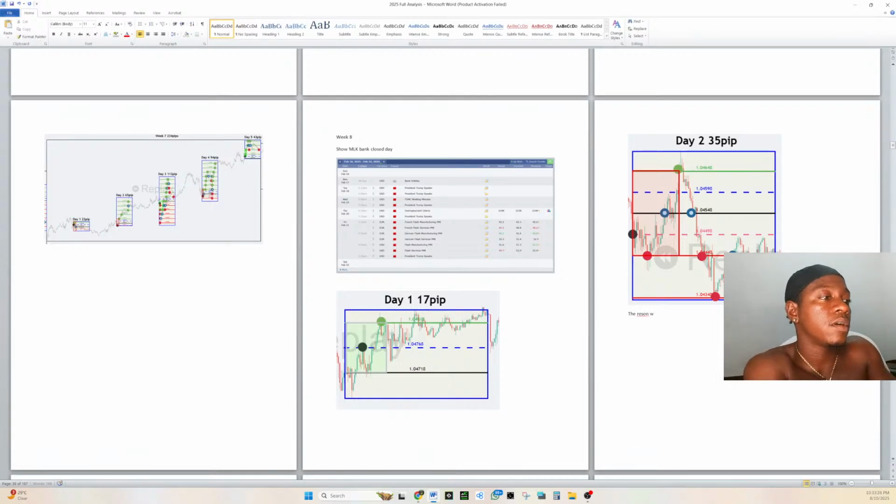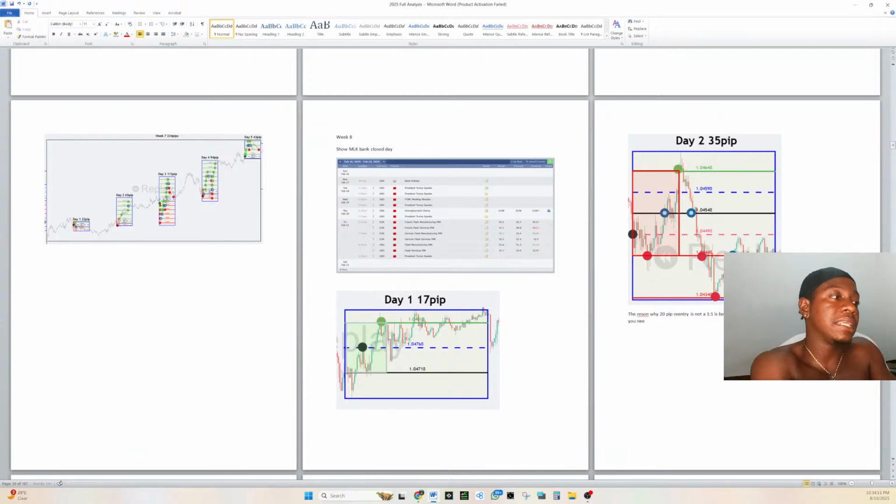The reason why a 20 pip re-entry is not a 1-to-1 is because my original trade is 15 pips, making a 30 pip range.